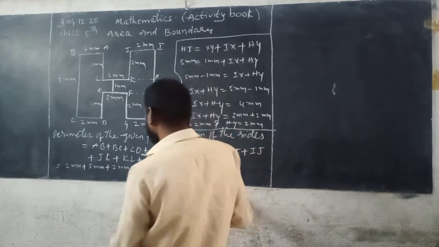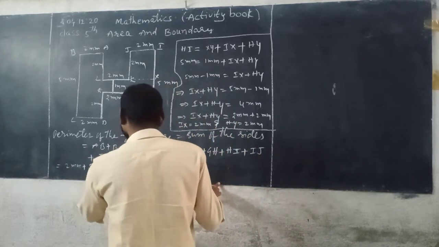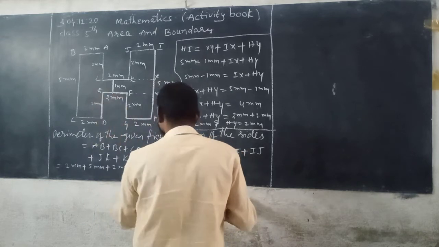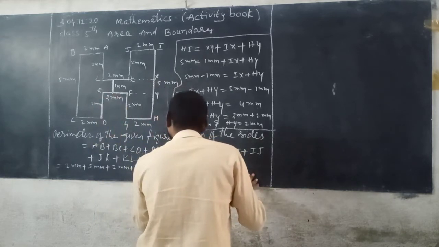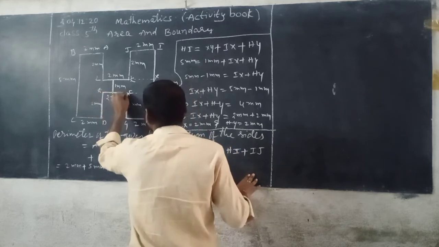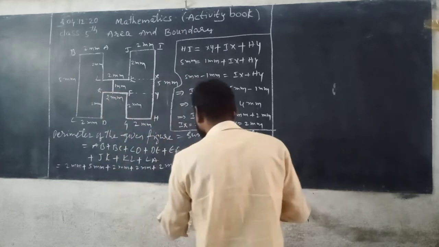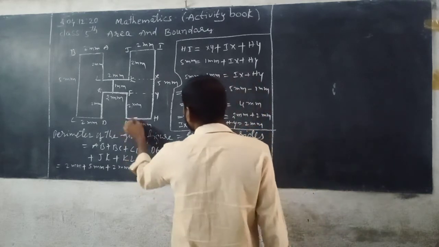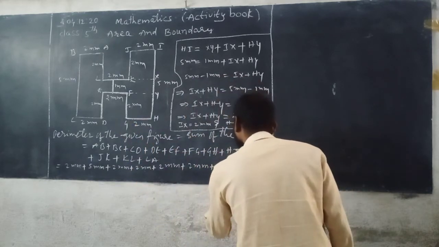See here you can write AB, BC, CD, DE. DE after EF 2 millimeter. EF next FG 2 millimeter. FG after GH plus 2 millimeter.